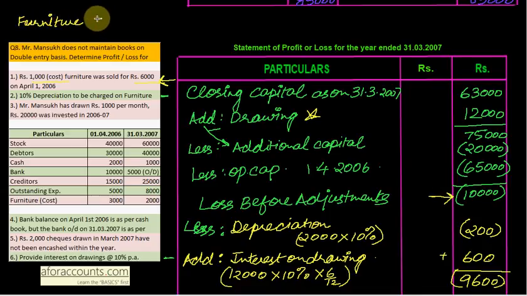Furniture cost was 1,000, sold for 6,000. 6,000 minus 1,000, the amount comes to 5,000. 5,000 is your profit on sale of furniture. That is a non-trading item. So just write in notes, profit on sale of furniture, and don't mix it up with the statement of profit and loss, because you are not selling furniture on a regular basis. That is not your business.